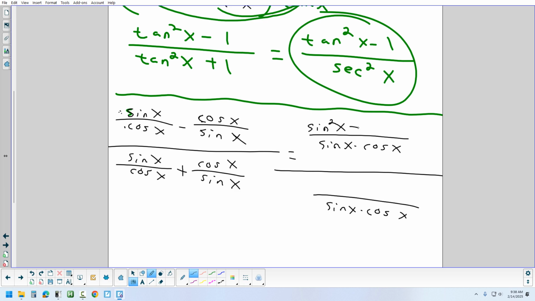Cosine. So cosine squared. And now we're going to do the same thing in the bottom. Multiply top and bottom by sine, that's sine squared. Multiply top and bottom by cosine, we get cosine squared.